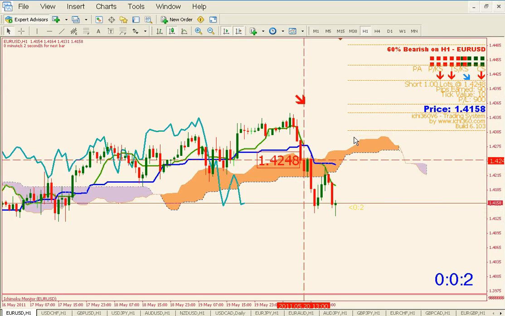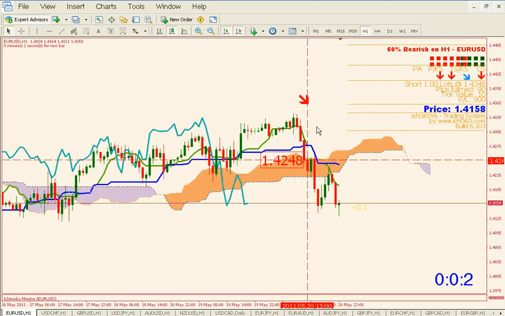Alright, on the hourly, everything is bearish. Right now, everything looks pretty bearish to me. If I had to look at this chart, I would say there's more downside for EU based off of this Ichimoku system. Now my Kumo twist happened, and now you can see where it's starting to open up.